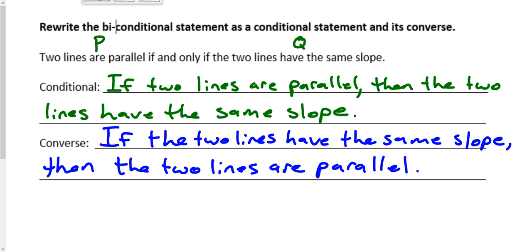So the converse: if the two lines have the same slope, then the two lines are parallel. Both of those, the conditional and converse, hold true. So we know we did them right, breaking apart that biconditional statement into a conditional and a converse.